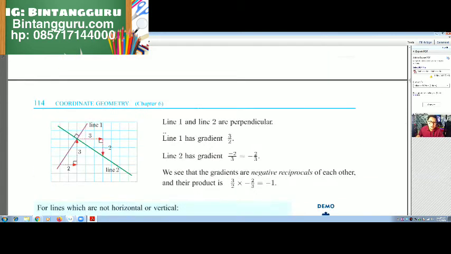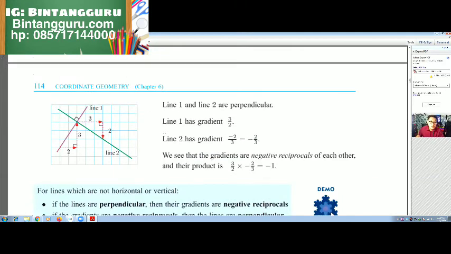In the other case, we have perpendicular lines. Perpendicular lines intersect, and their gradients are negative reciprocals. So if the gradient of the green one is 3 over 2, the purple one, which is perpendicular, will have the negative reciprocal, equal to minus 2 over 3.